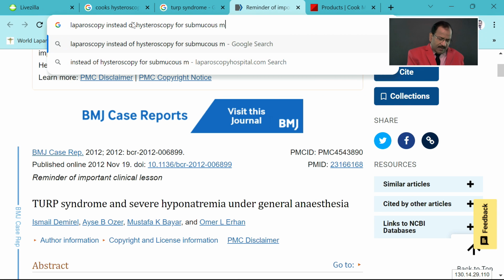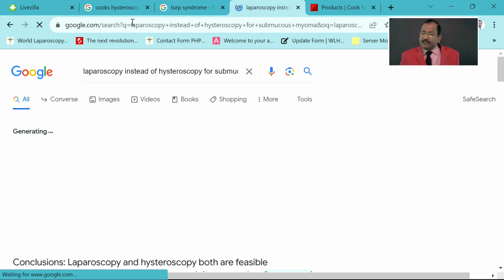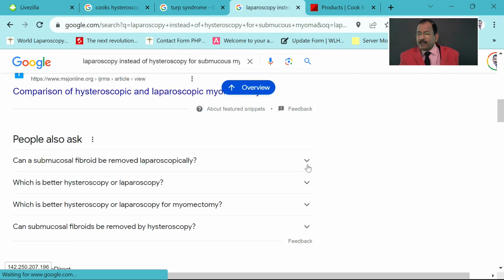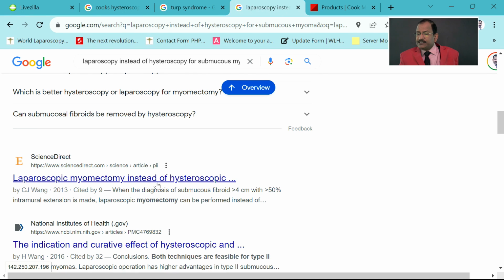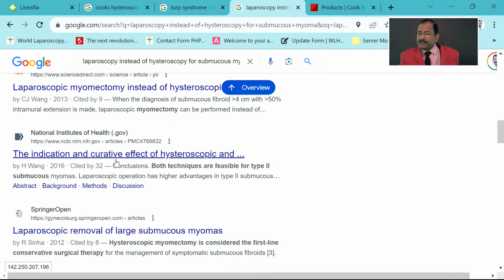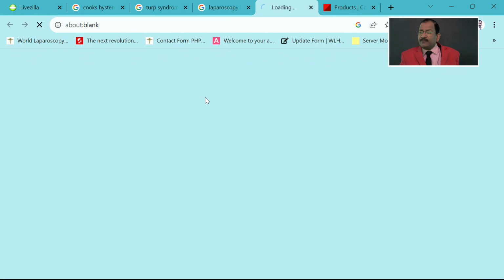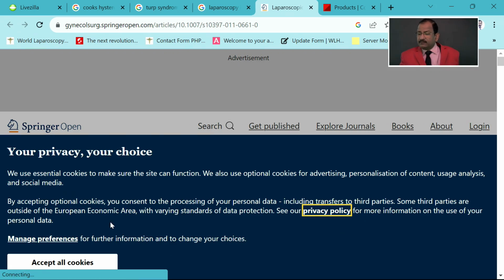submucous myoma, then all the recent literatures, comparison of hysteroscopic and laparoscopic myomectomy, laparoscopy instead of hysteroscopy, indication of curative hysteroscopy, in all the literatures, large submucous myoma, all of them recommend laparoscopy.